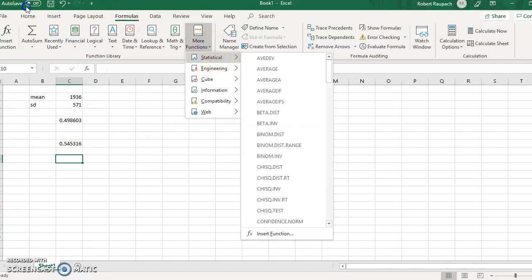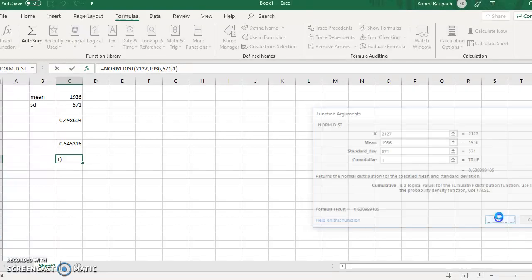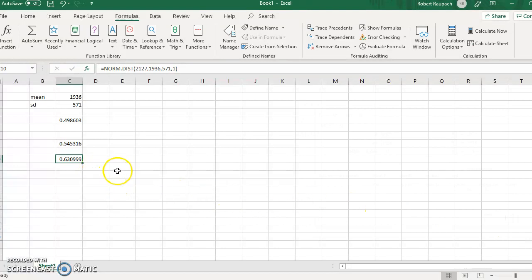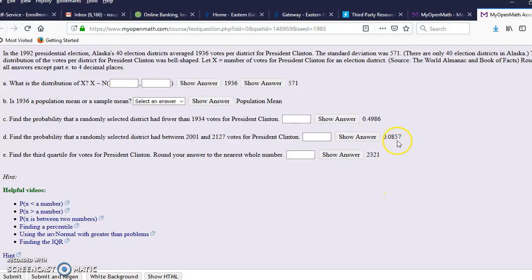So more functions, statistical, norm distribution again, and 2127, mean, same thing, standard deviation, same thing, cumulative, always 1, okay, and then you take 0.6310 minus this, and there's your answer, 0.0587 when you round.